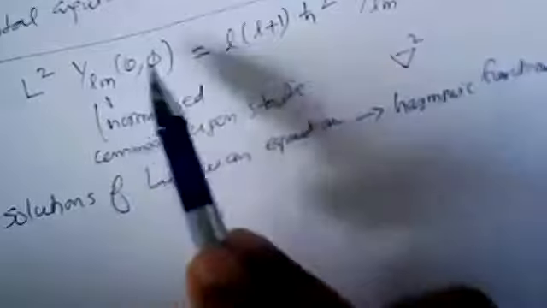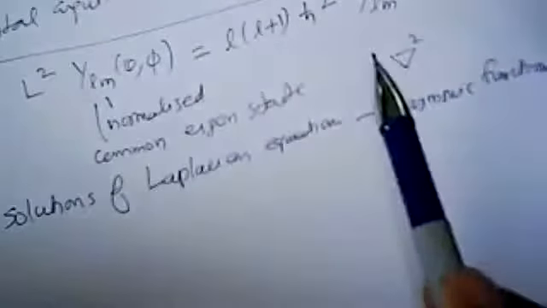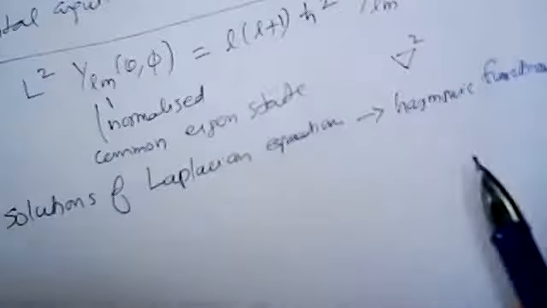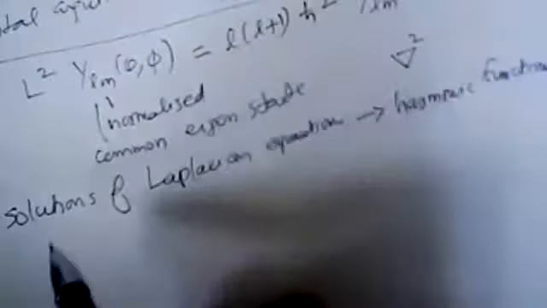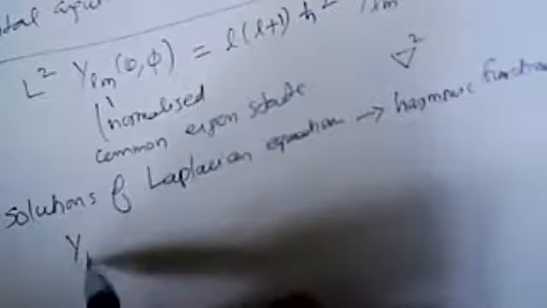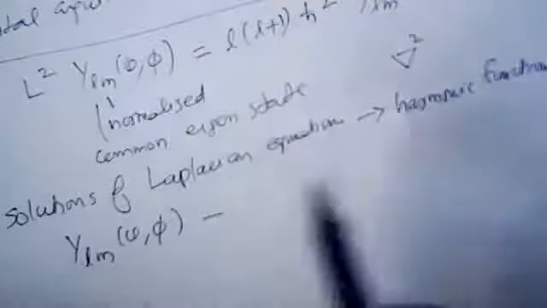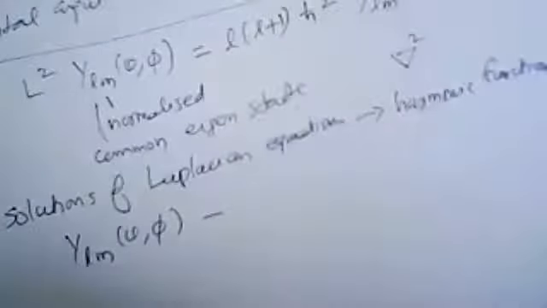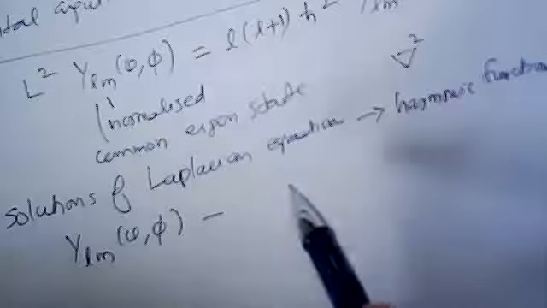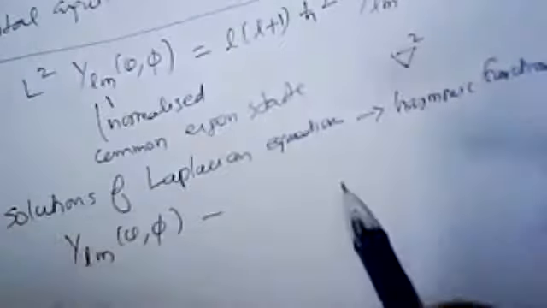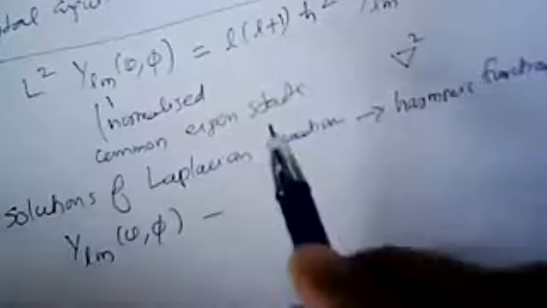So YLM is the solution on a sphere with a unit radius. Normally, a solution is called a harmonic function, but here YLM theta phi is the solution, a harmonic function, on a sphere with unit radius.